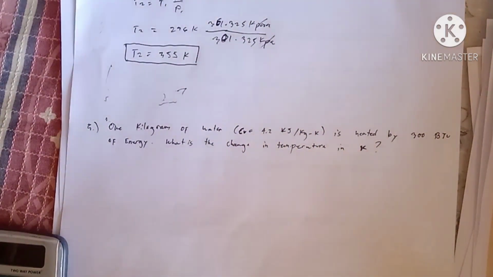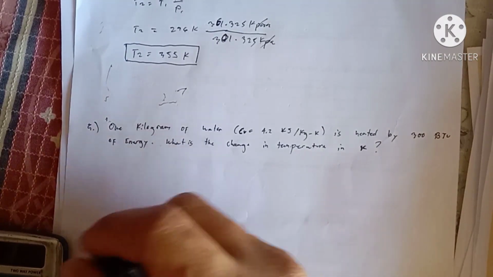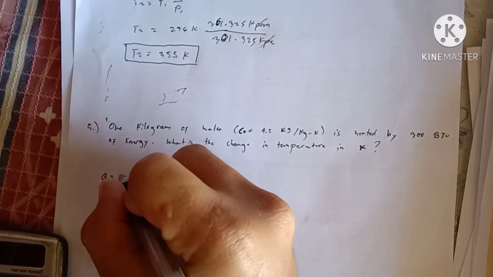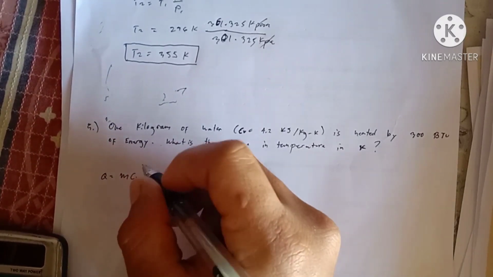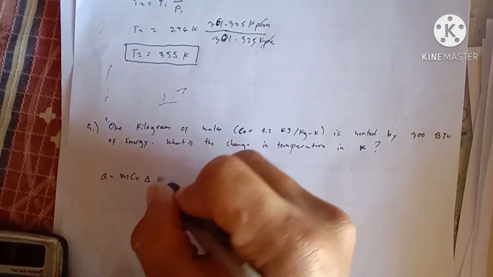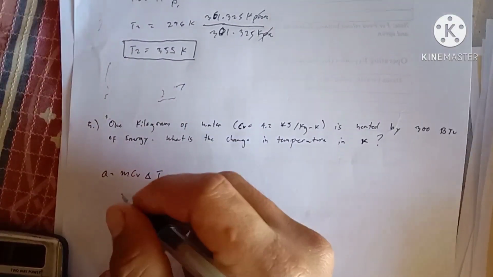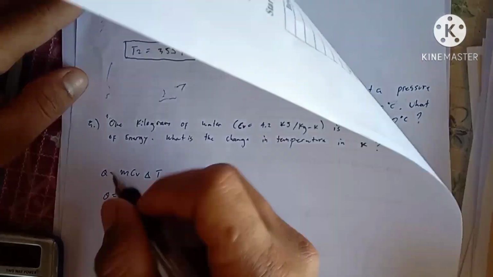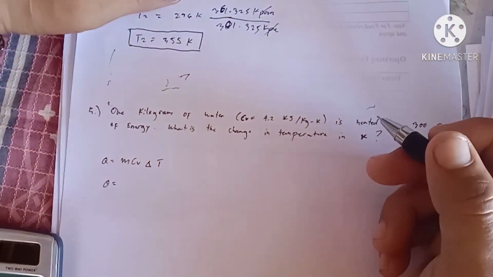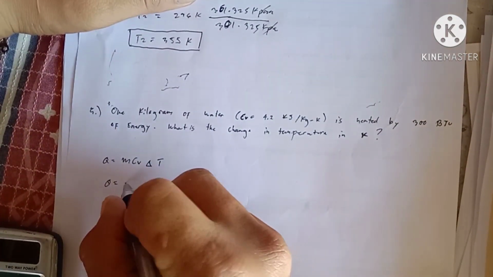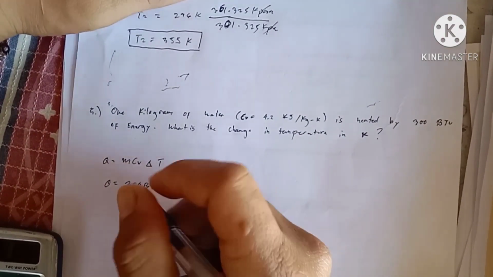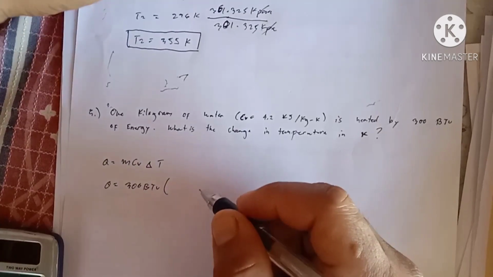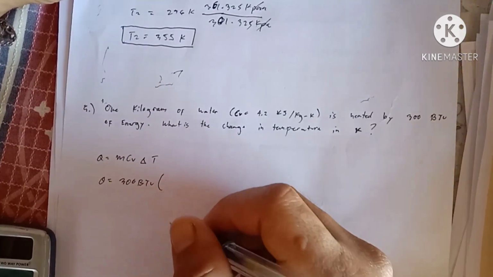So the formula for that solution is Q equals mass times constant volume times change in temperature. So Q equals 300 BTU times the conversion of BTU into kilojoule.